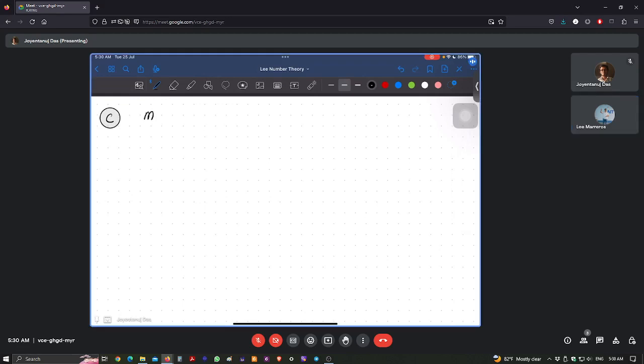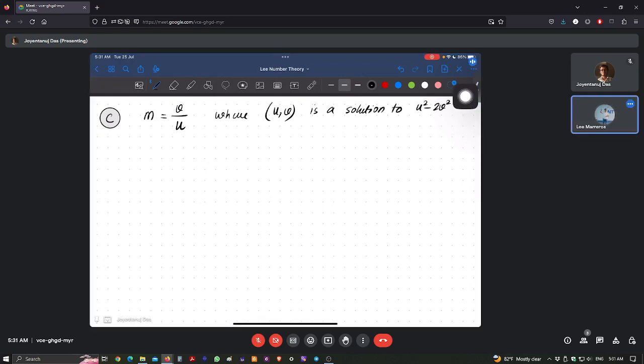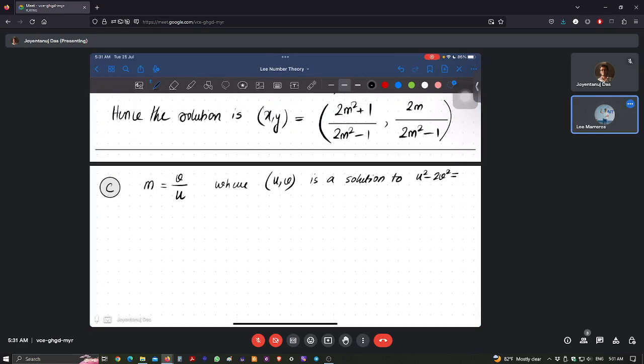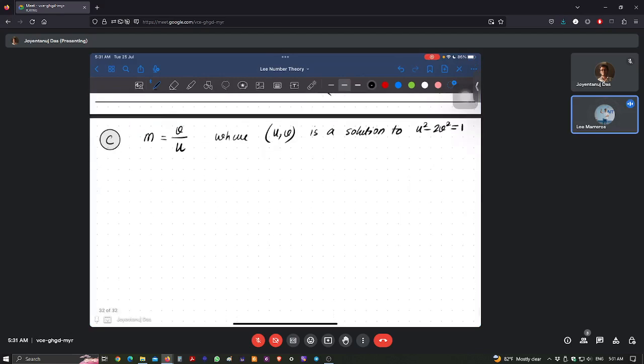So suppose m you are taking as v by u. So this is your rational number where (u, v) is a solution to u square minus 2v square equals 1.